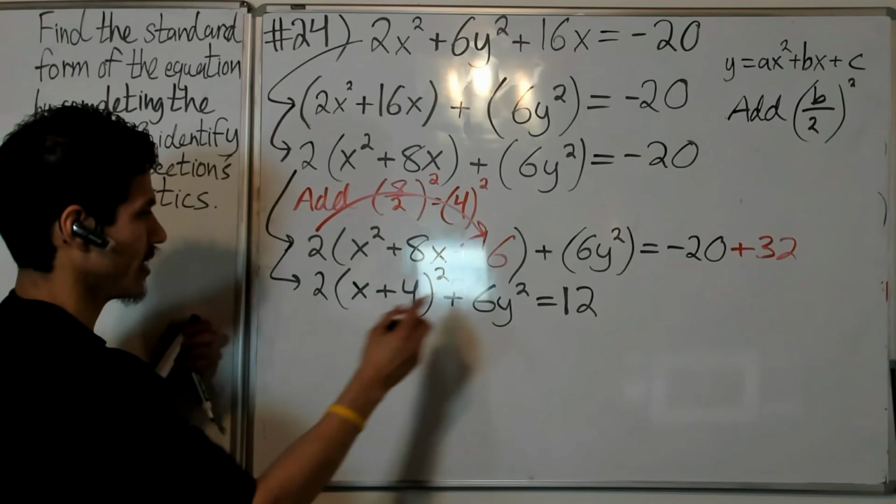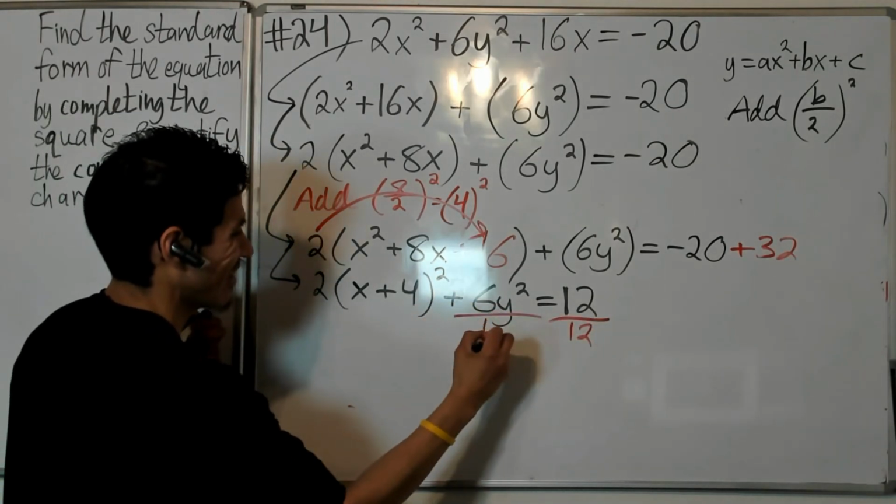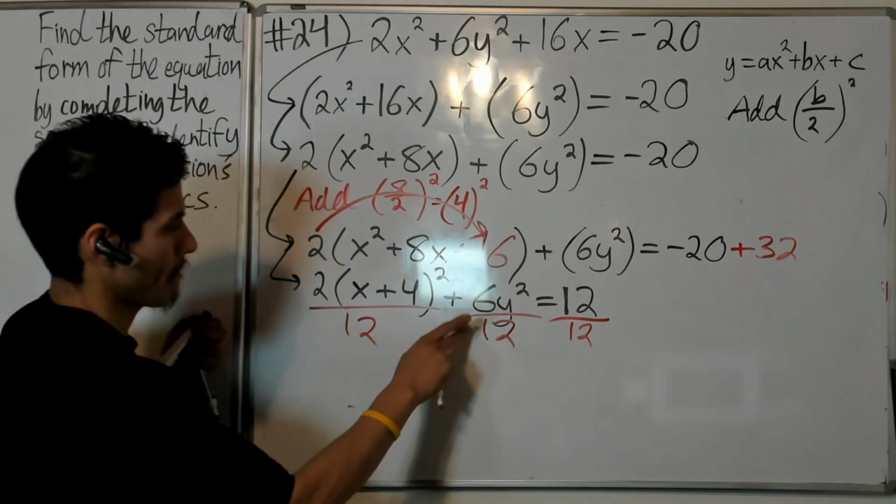From here, we can now just divide everything by 12, because we want to set this equal to 1. So 12, 12, 12.